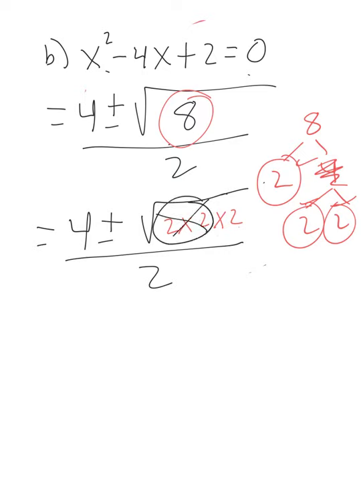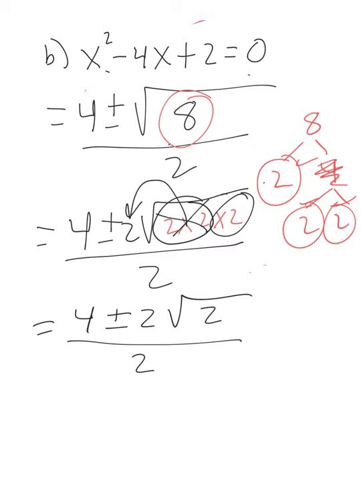Because if you break up this fraction, both of the numbers on top are divisible by the 2 on the bottom. So I can break this fraction up to show you better what I mean. I could do 4 over 2 plus or minus 2 root 2 over 2.